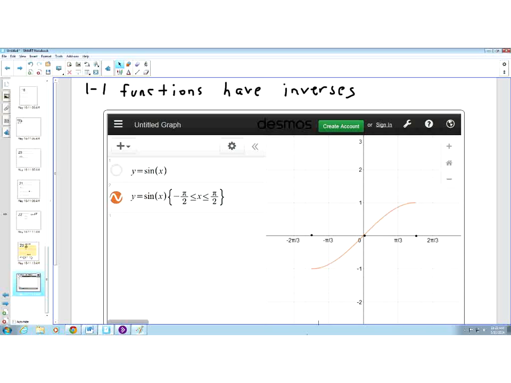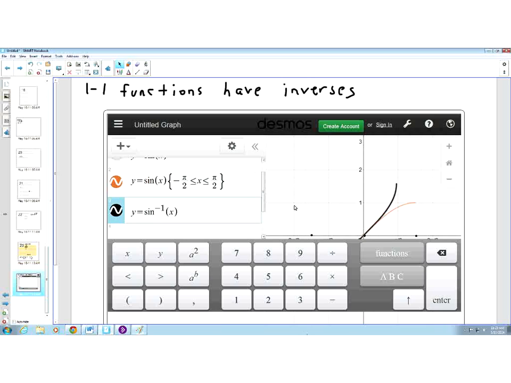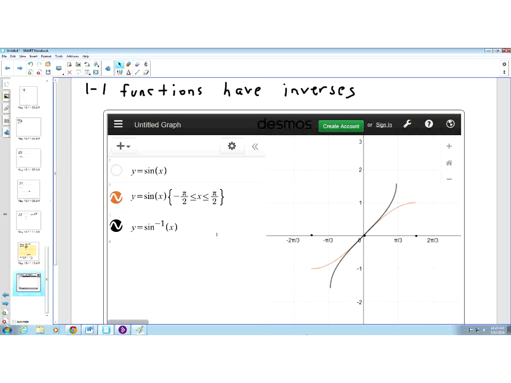We've actually defined a new function. We restricted the domain of the sine function. If we restrict the domain of the sine function to -pi halves to pi halves, we can take its inverse. The black curve is the inverse function.